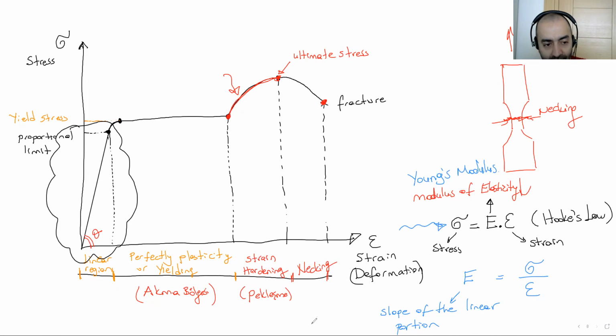It is a constant value for steel. You don't have to memorize it. Yes, in our subjects, we need that number. At that time, we are going to give you that number. But what it is, keep this in your mind. It's the slope of the first linear portion. Okay.